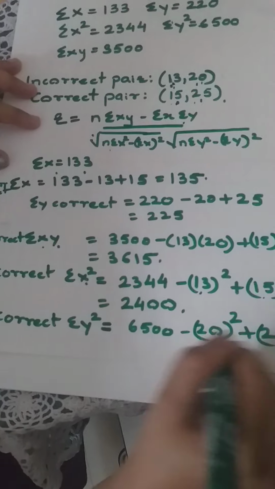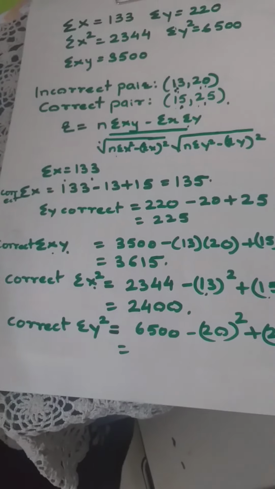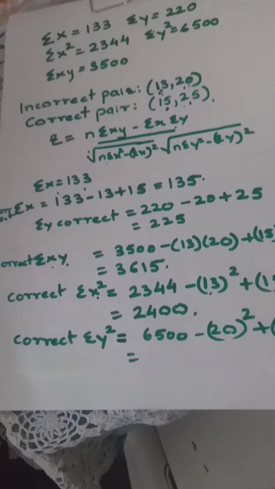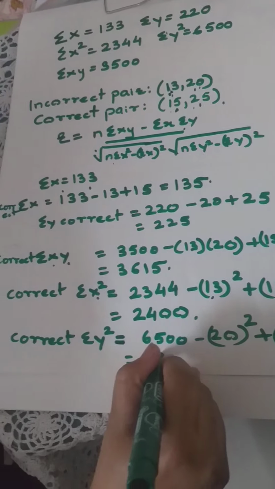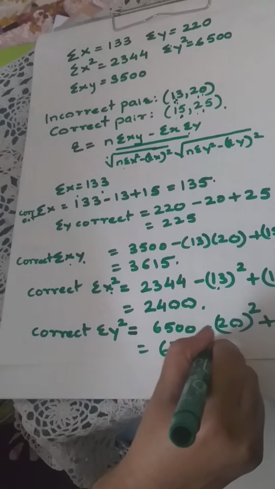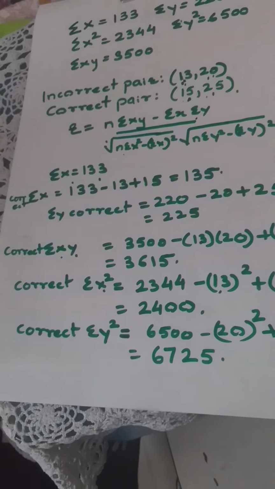That is the correct observation. If I simplify this, the value of summation y square comes out to be 6725. Fine.